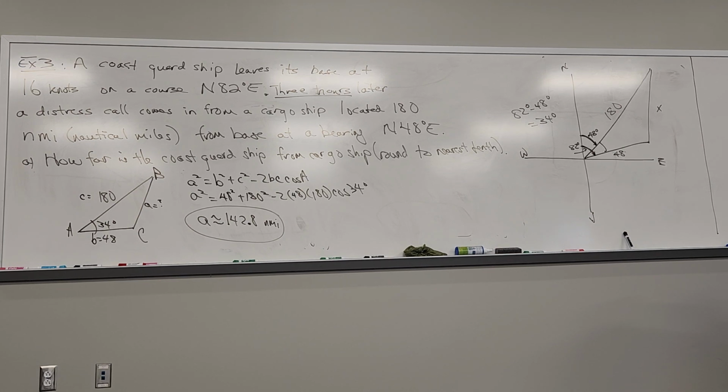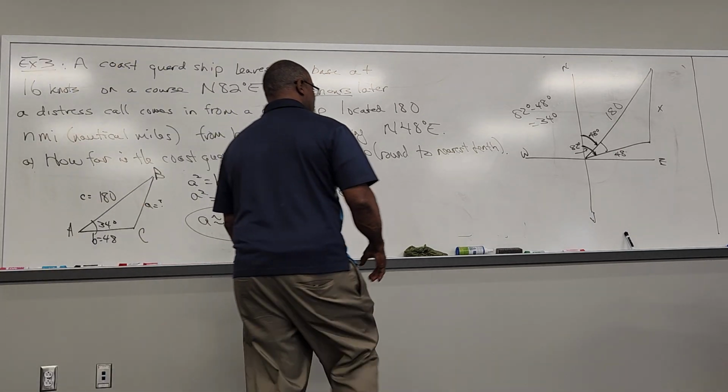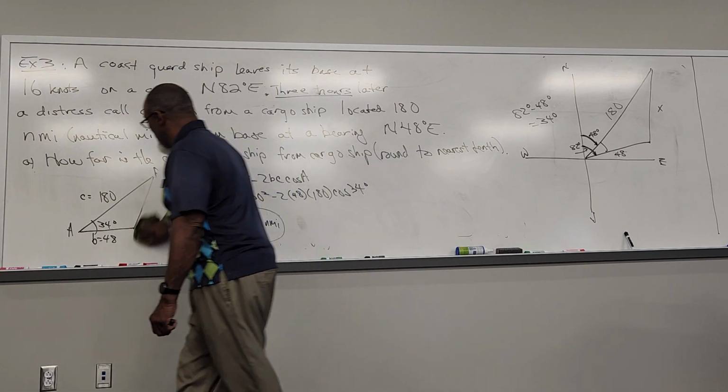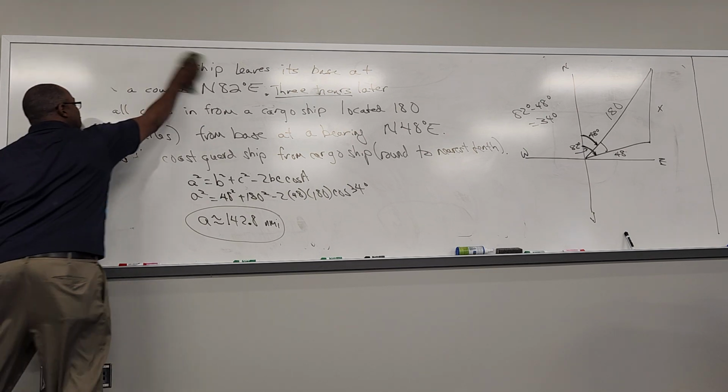All right, I'm going to leave part B for you. It's not that bad. If you get confused, call me, email me, we'll do it. I'm going to go on to Heron's formula, and that'll be the last thing in this section.